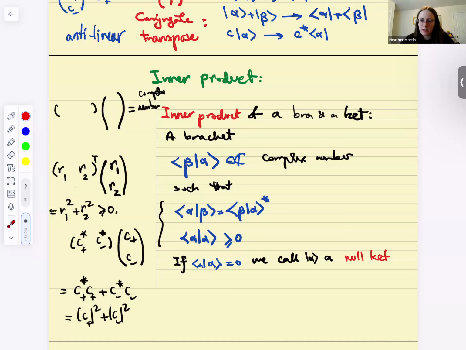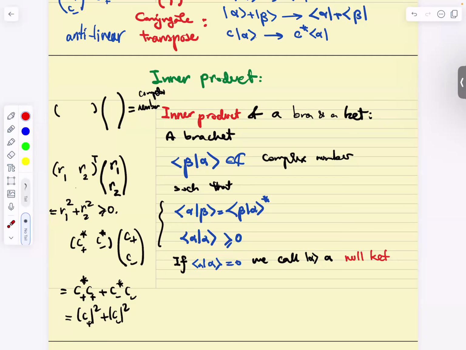It's length. We need it to be positive because it's related to the probability of each state existing. No, just imagine this is a real vector, a two-dimensional real vector. This sum, what does it calculate for you? It's the length of the vector. Exactly. It's the length squared of the vector.